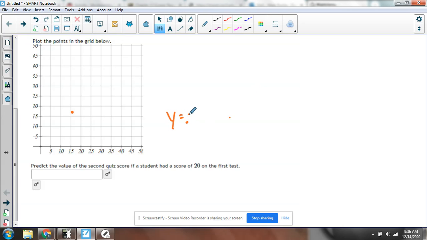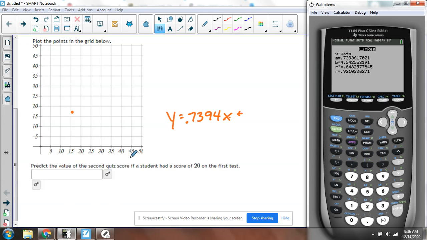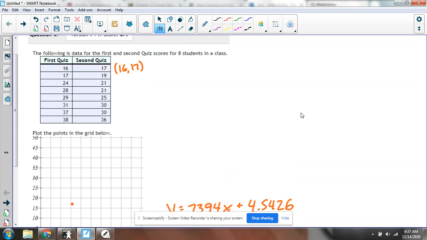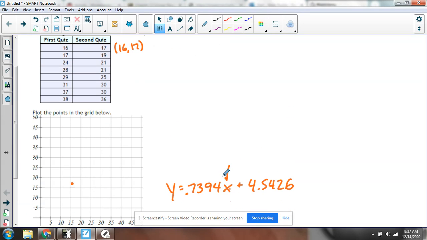0.7394 times X plus 4.5426. Okay? So that means if X is the first quiz score, Y is going to be the second quiz score.